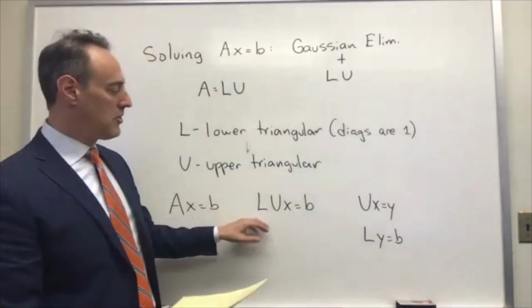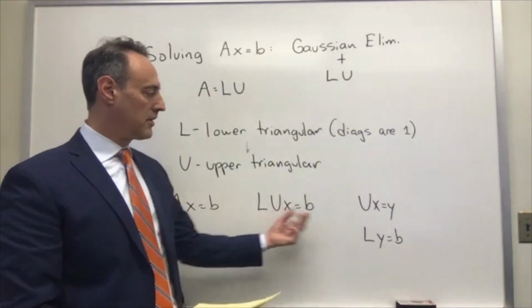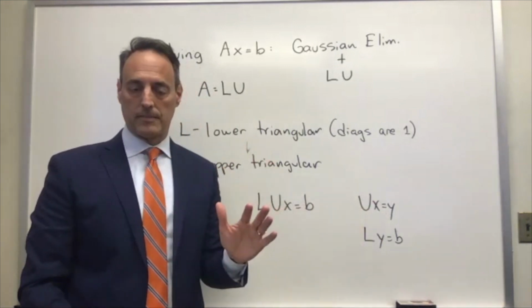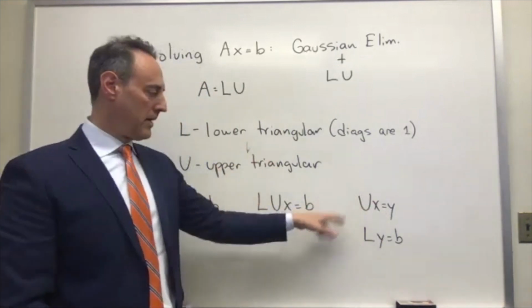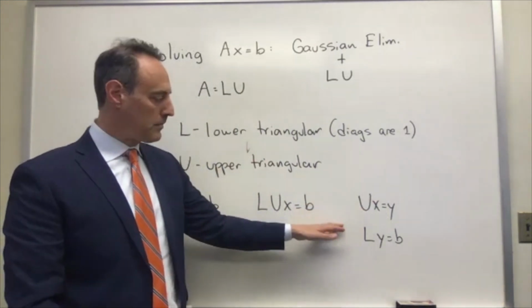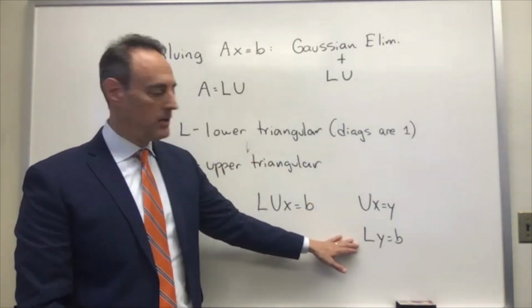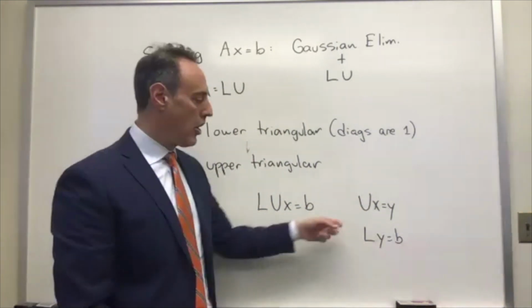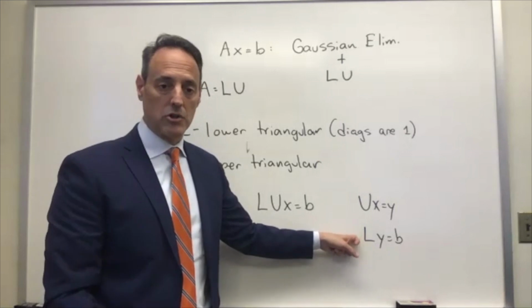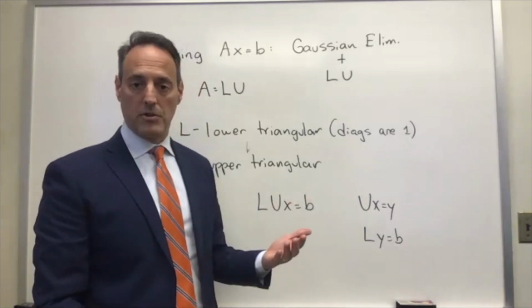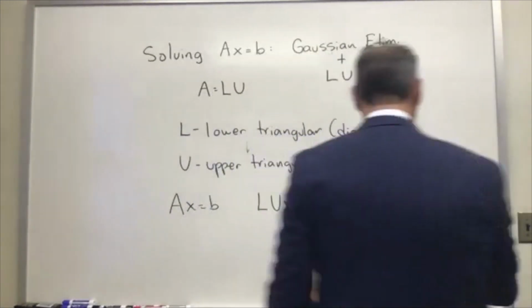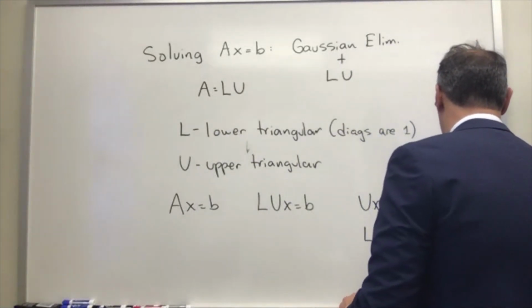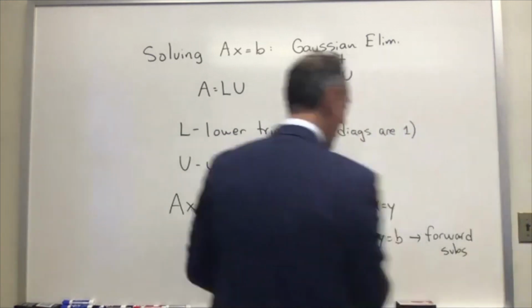So what I've done in doing this factorization and declaring this to be y is that now I have two linear systems of equations. But here's what's special about these two linear systems. This is in lower triangular form. This is upper triangular form. So all I have to do to get the solutions is forward substitution for Ly = b.